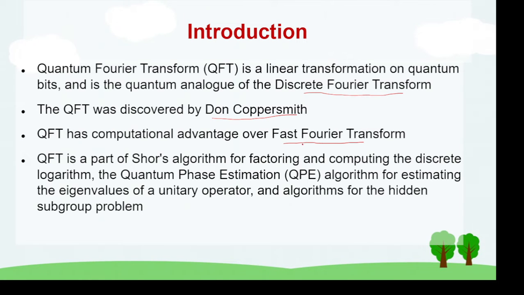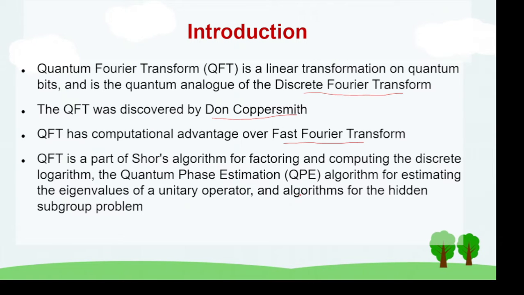QFT is also popular because it's a part of Shor's algorithm for factoring and computing the discrete logarithm. It's part of the quantum phase estimation algorithm for estimating the eigenvalues of a unitary operator. In fact, Shor's algorithm uses QPE. QFT is also part of algorithms for the hidden subgroup problem.